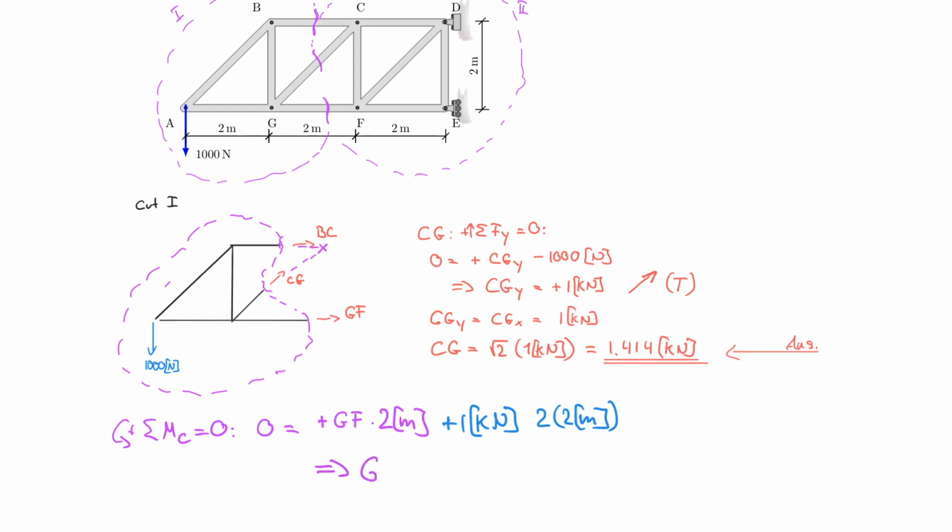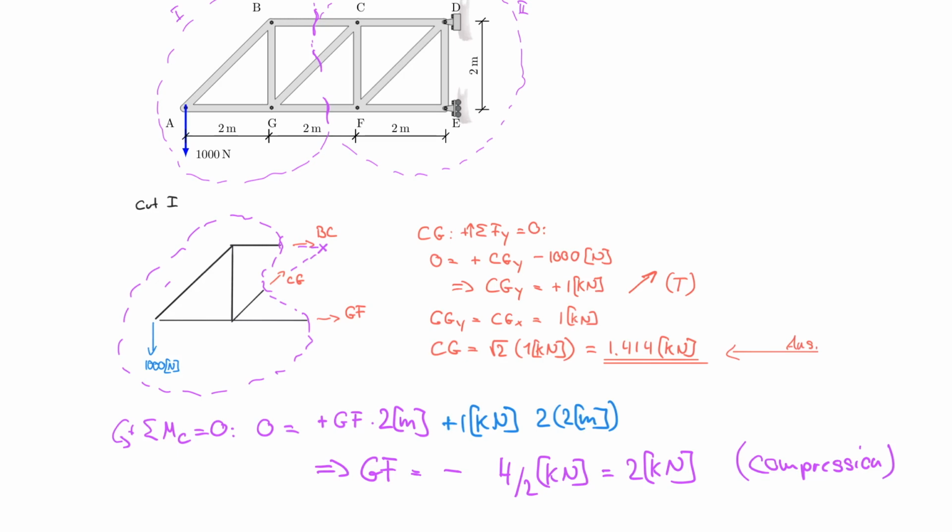So GF actually happens to be negative, 4 kilonewton divided by 2. Right, so that is effectively 2 kilonewton. And the negative tells me that it's actually in compression, since I assumed tension originally.